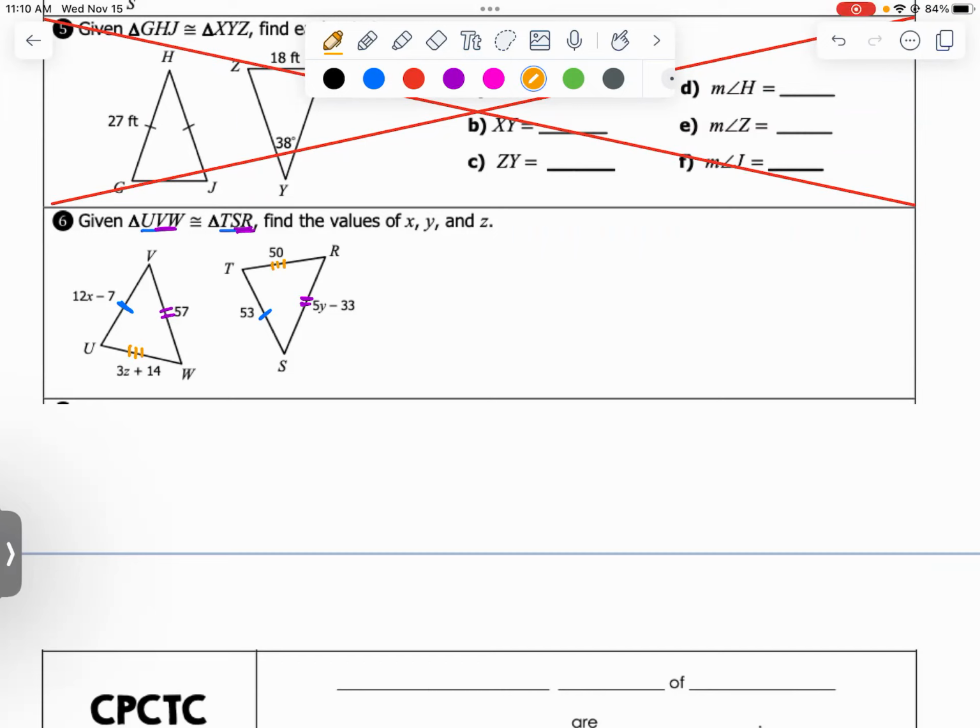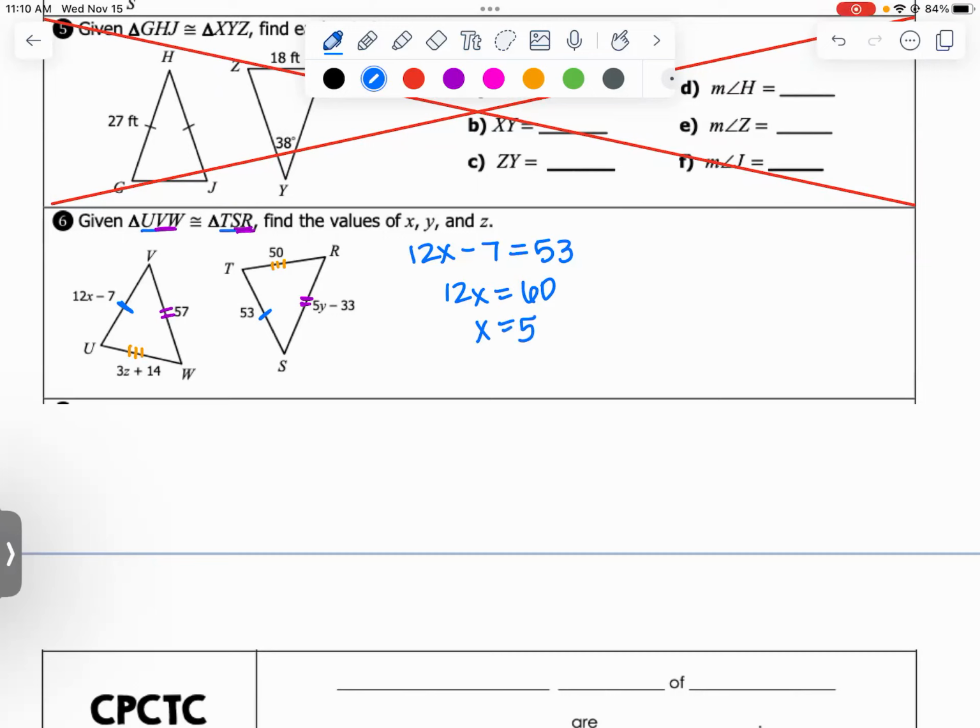Okay. So what do we know? We know that 12x minus 7 should equal what number? And if 12x minus 7 equals 53, then 12x equals 60.